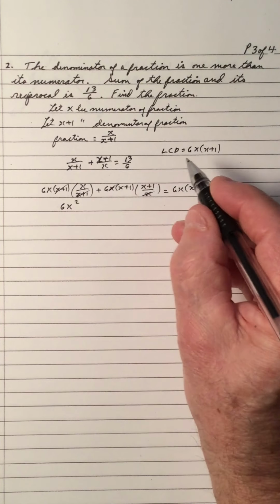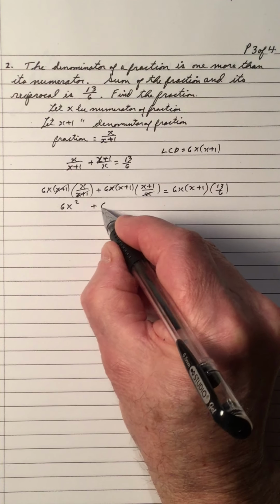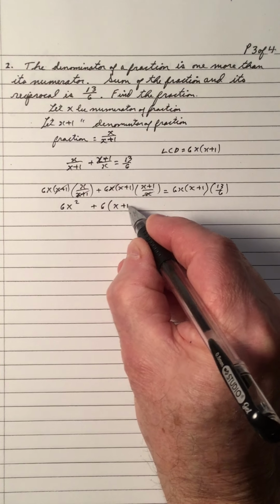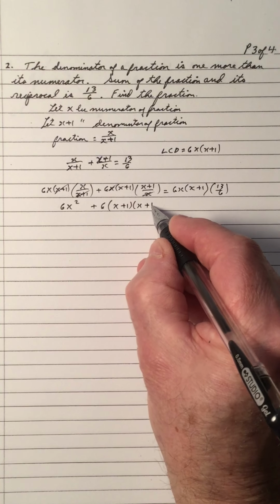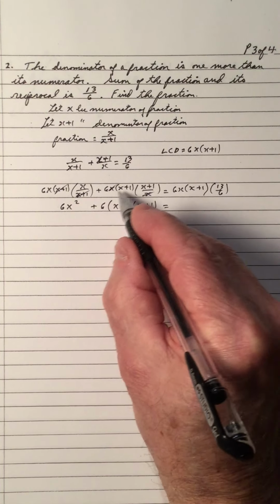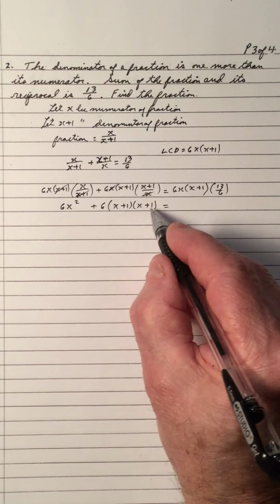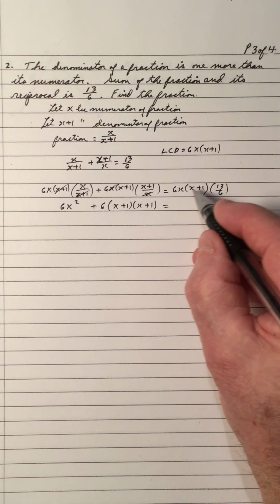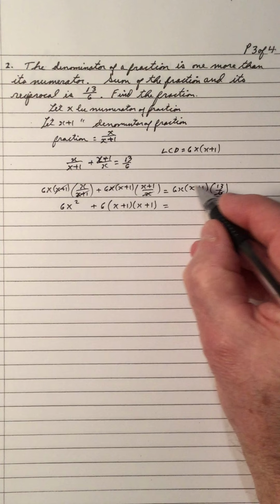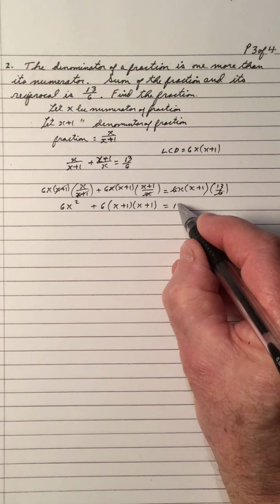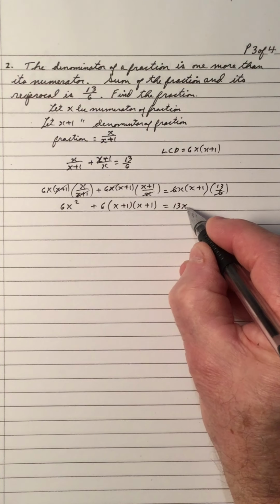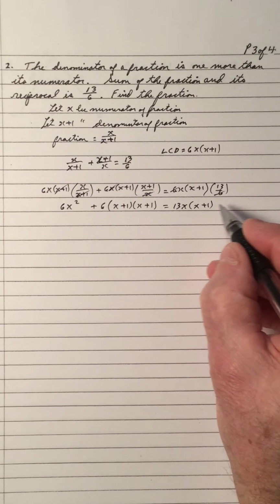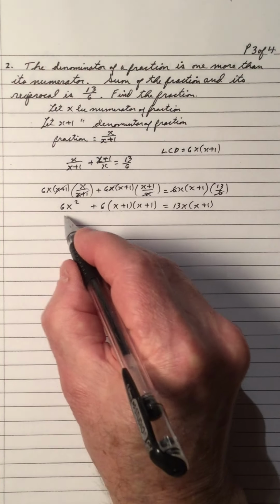The x's cancel, and I'm going to write it down now, rather than multiply that out, and then multiply after. When I multiply here, the 6 cancels, so I get 13 times x plus 1. So I'm going to multiply this now.